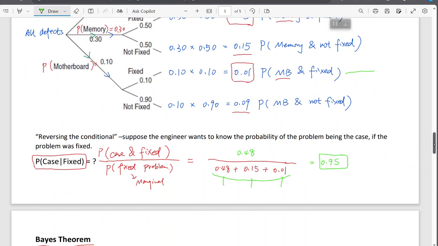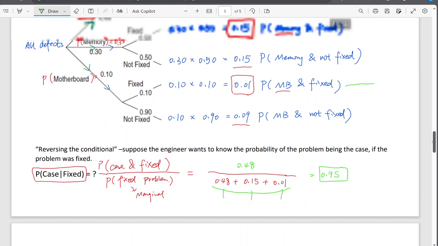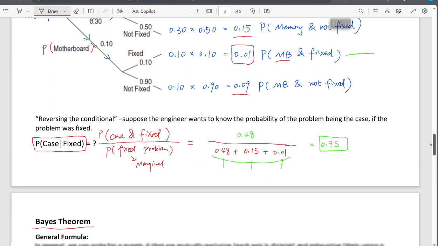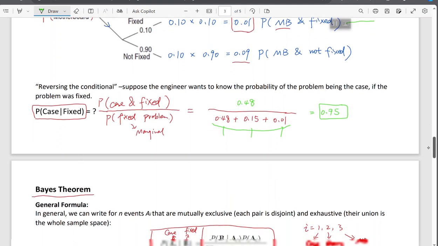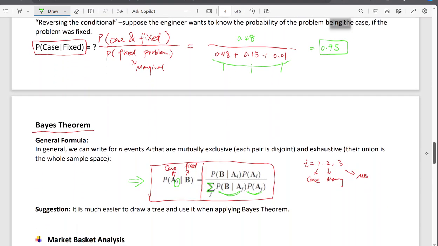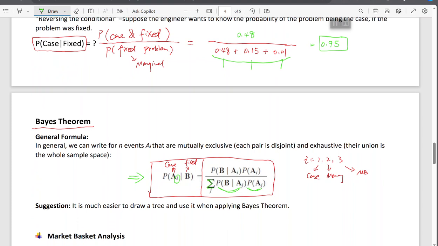When I was an undergraduate, my professor didn't talk about this probability tree, so this formula tortured me for almost a whole semester.